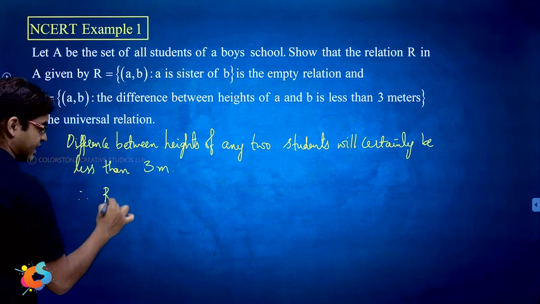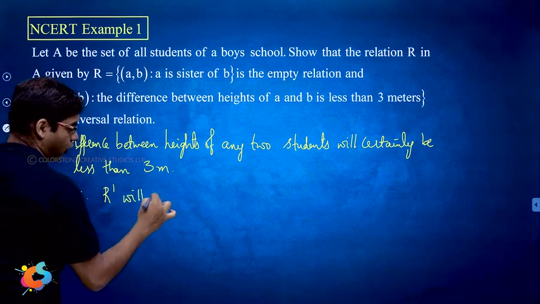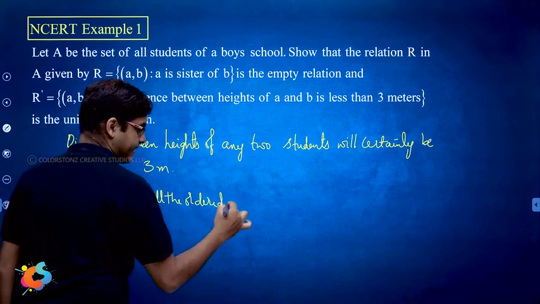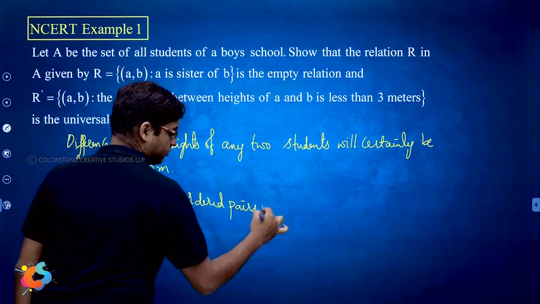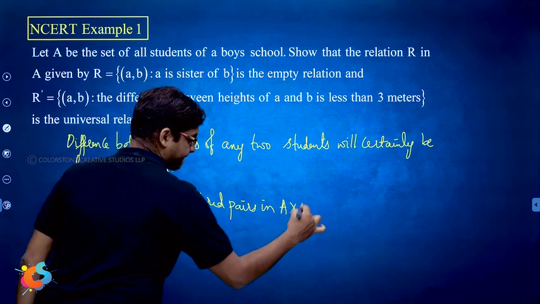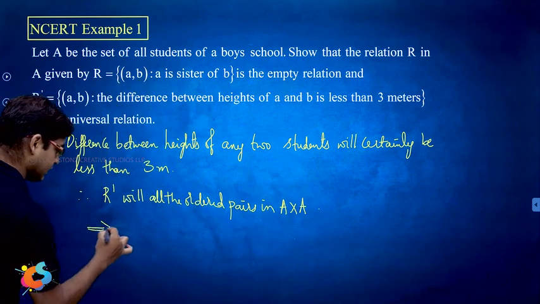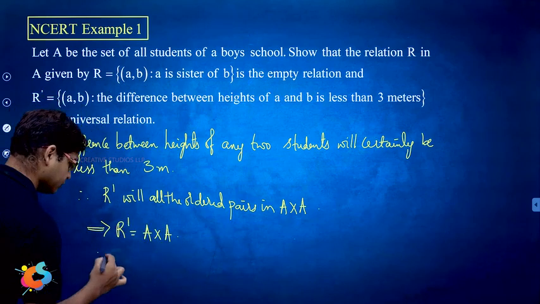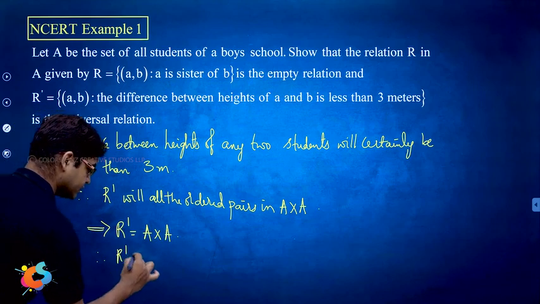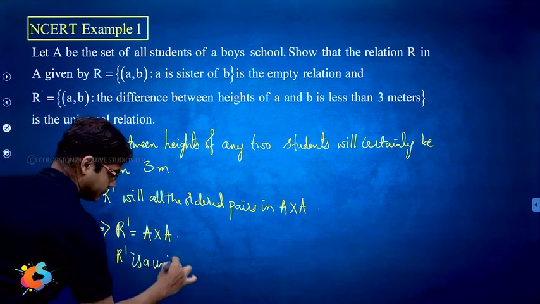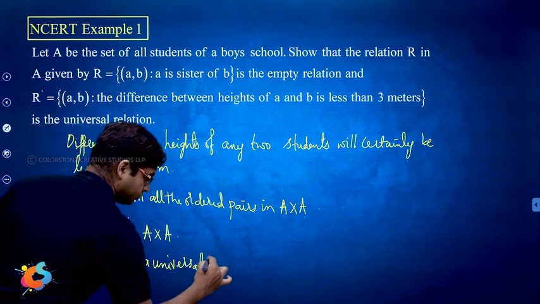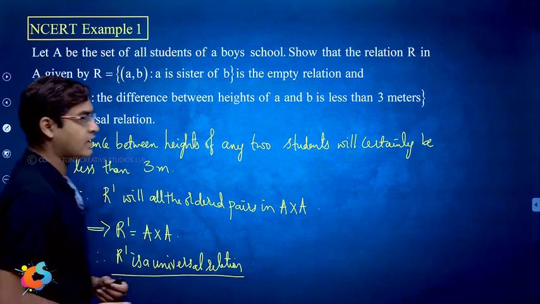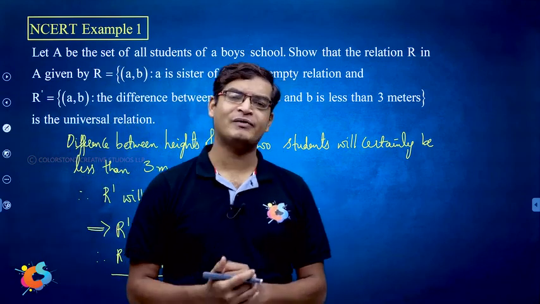Therefore, R dash will have all the ordered pairs in A cross A. Implies R dash is equal to A cross A. Therefore, R dash is a universal relation. Okay, so this is how we have shown that R dash is a universal relation.